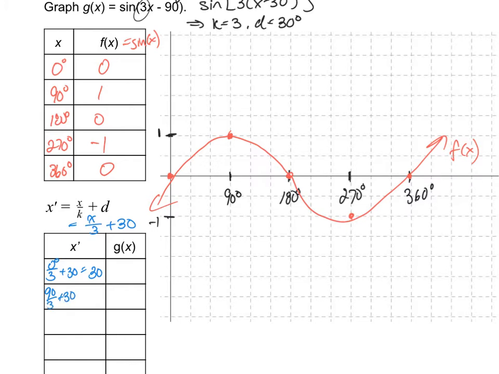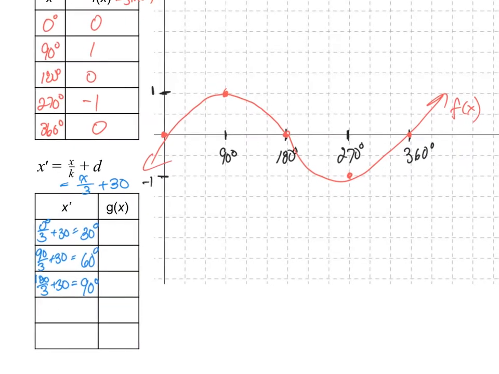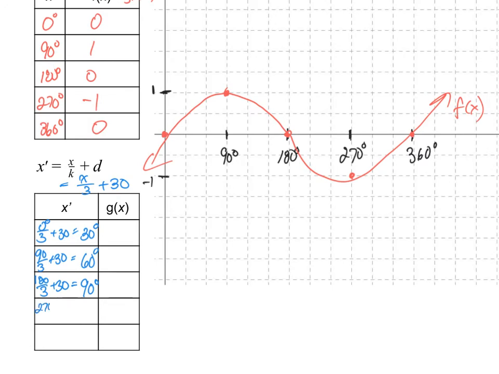Well, 90 divided by 3 is 30, plus 30 is going to be 60. Next one is 180 divided by 3 plus 30. Well, 180 divided by 3 is 60, plus 30 is going to give us 90 degrees. And then 270 divided by 3 plus 30. That's going to be 90 plus 30, which is going to be 120 degrees. And finally, the last one is 360 divided by 3 plus 30. 360 divided by 3 is 120, plus 30 is 150.